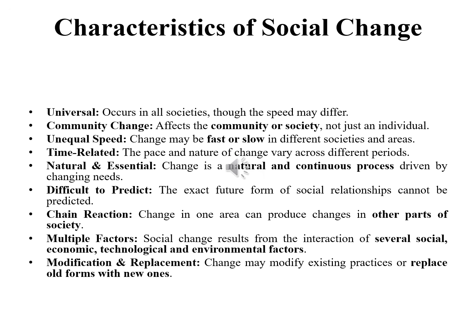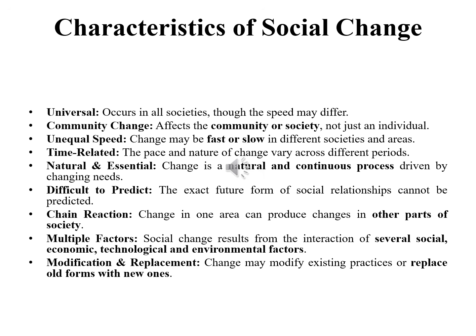For example, technology has changed society around the world, but some societies adopt new technology faster than others. The second characteristic is community change. Social change affects a group or society as a whole, not just one person. For example, the introduction of online education changes the way many students and teachers learn and teach.